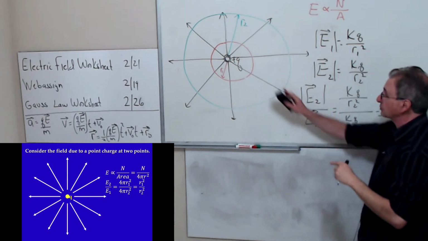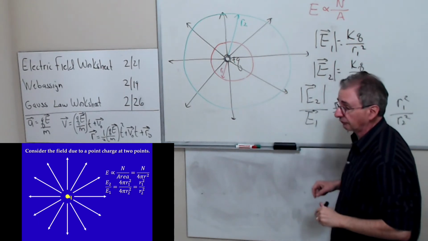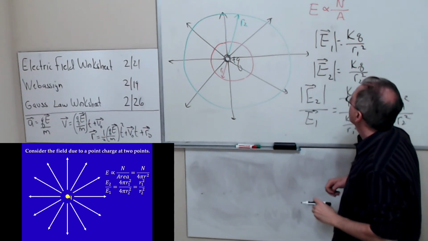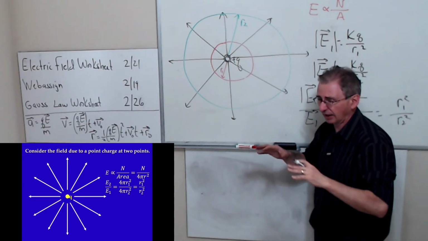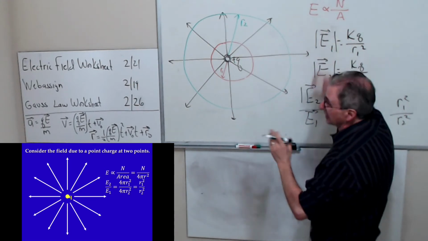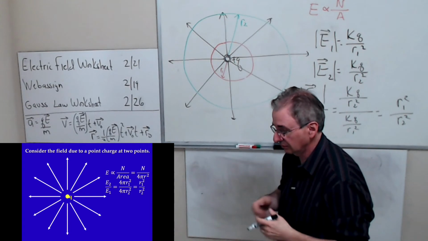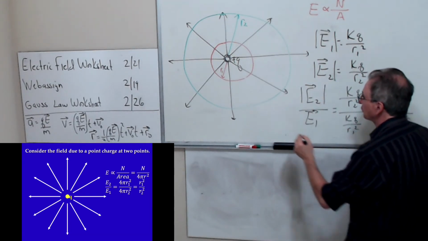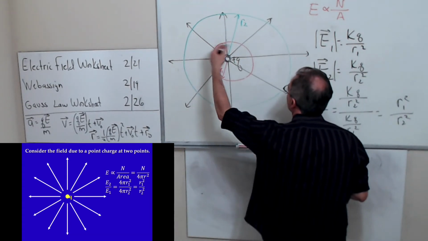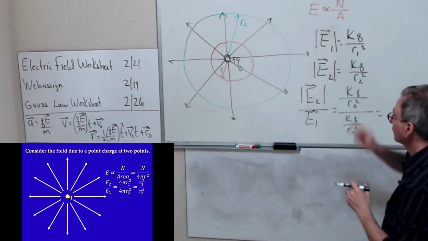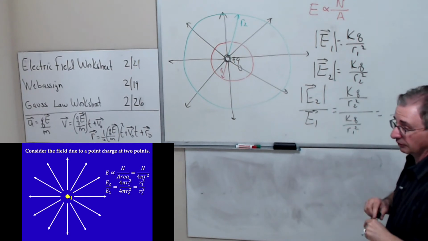The number of lines per unit area is proportional to the electric field. Here I drew 1, 2, 3. How many did I draw? Like 8? So the number of lines per unit area is indicative of the electric field.